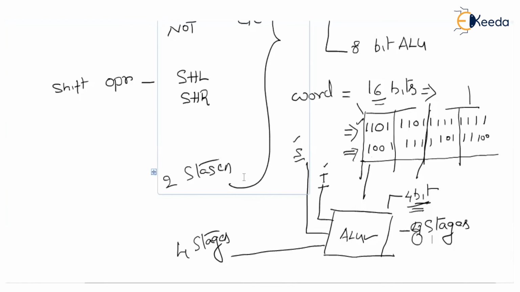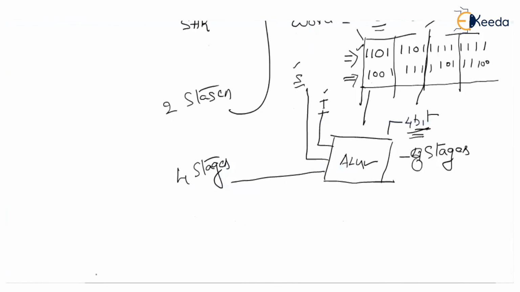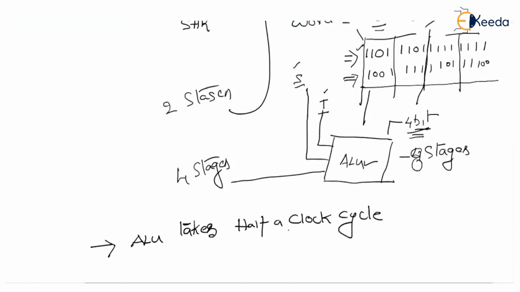And the final rule, before we design the ALU, is that ALU takes half a clock cycle to perform any operation. Any operation. That is, I have 4 stages and I want to add 16-digit numbers.